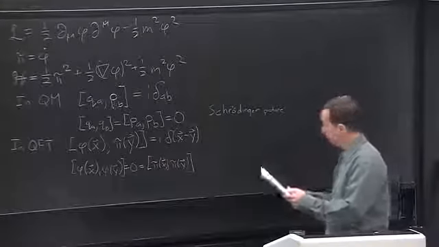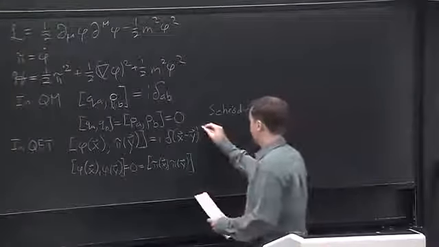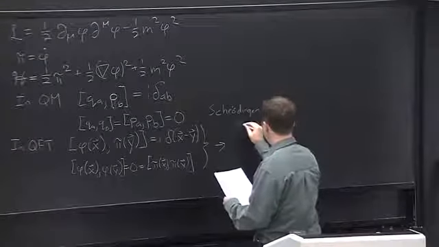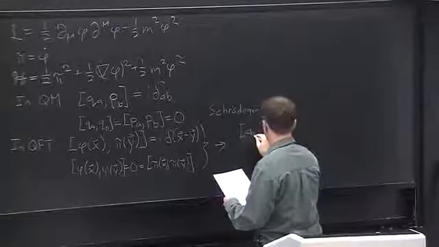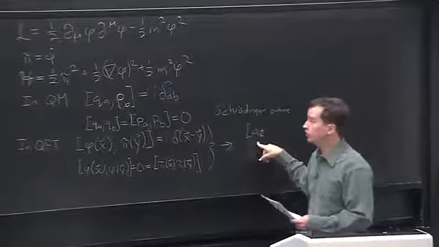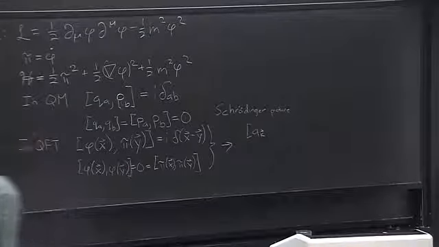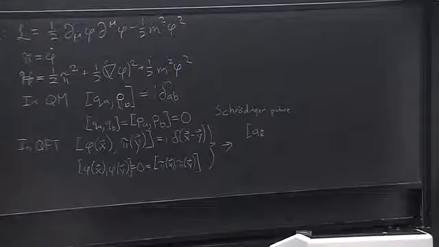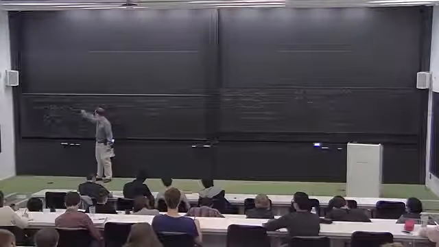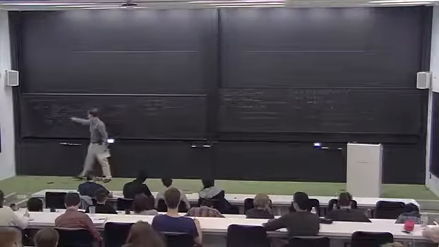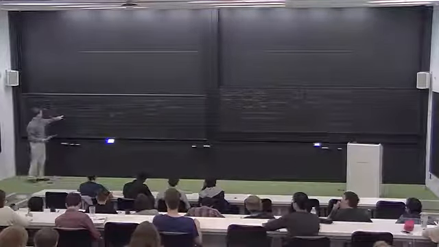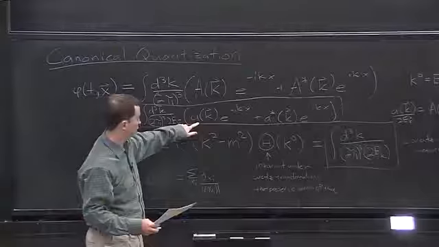In your homework, you showed that these equations imply commutation relations for the ladder operators, which are the quantized versions of these mode functions from last time. So if we make this an operator, then over on the right-hand side, these have to become operators.